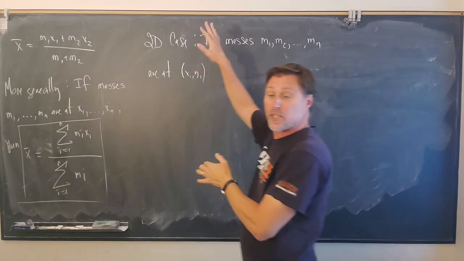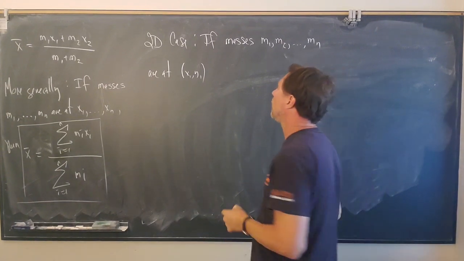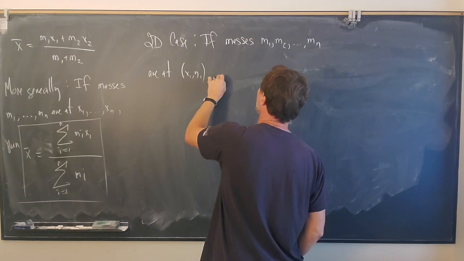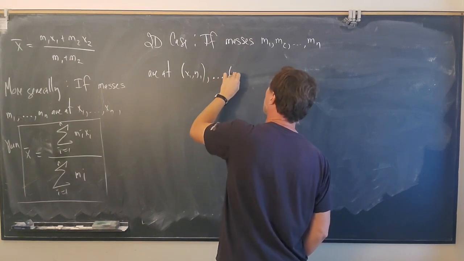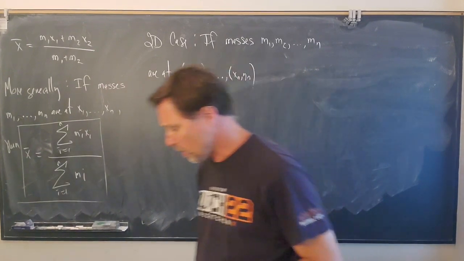Now we're going to be arranging them in the plane, the two-dimensional setting, rather than on a line. So x1 comma y1 up through x sub n comma yn.